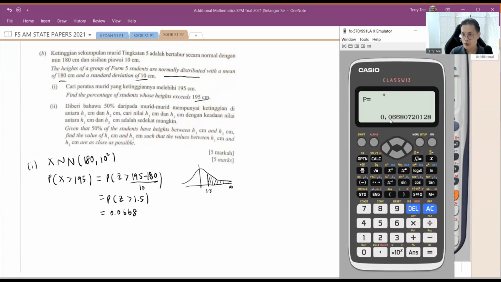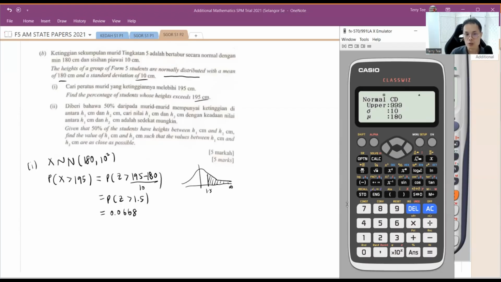There you go, 0.0668. Alternatively, you can also change the lower tail to 195, upper tail 999. But you have to change your standard deviation to 10, and your mean to 180. You can actually start from the original value without even standardizing.